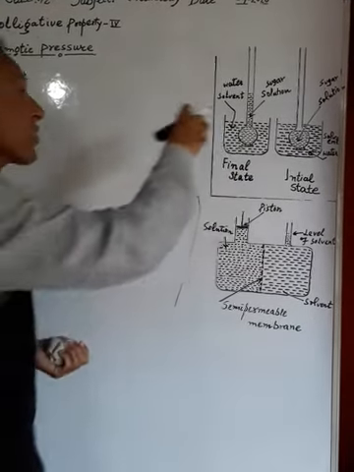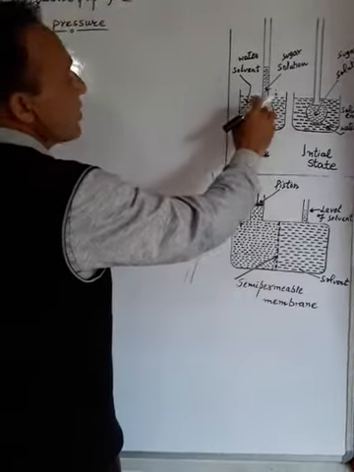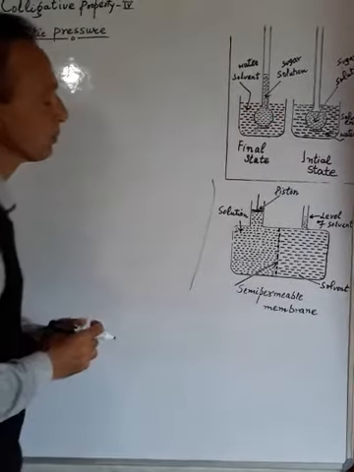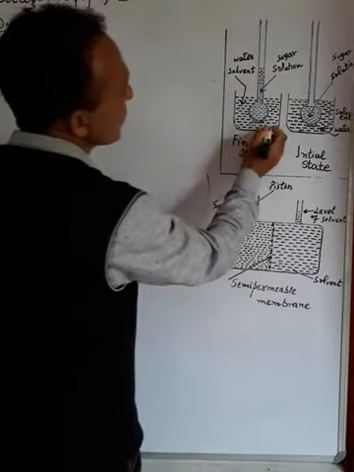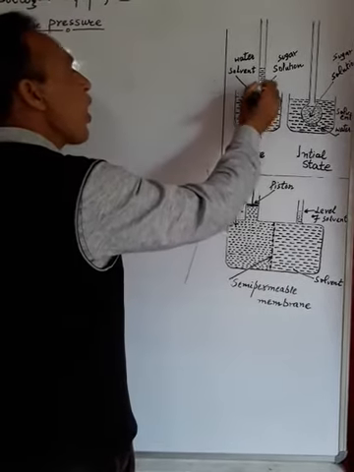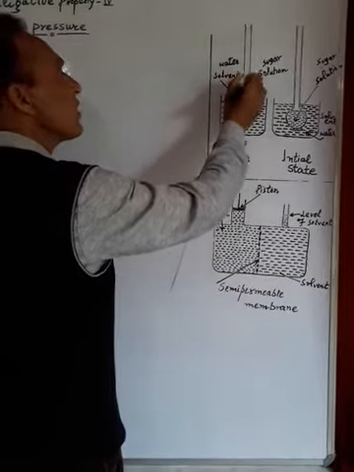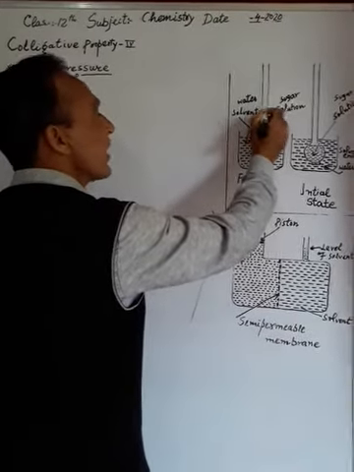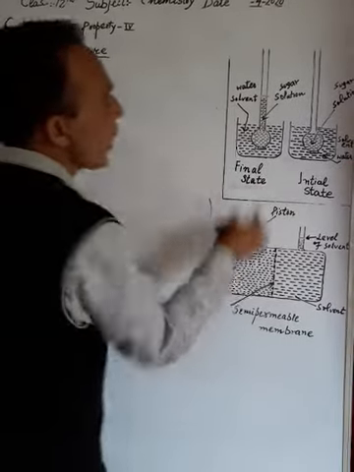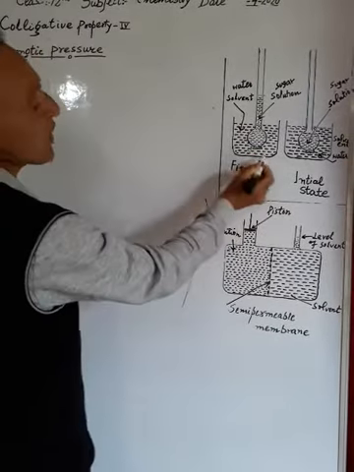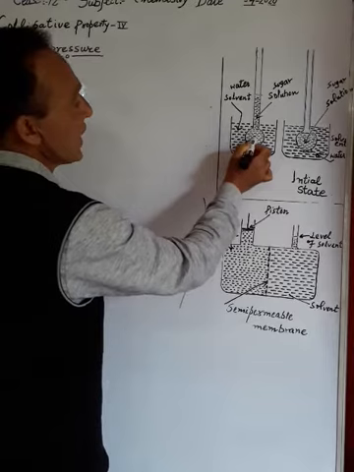The pressure exerted by the solution is exerted on the solution. And ultimately, a stage is reached when the level of the solution in the thistle funnel remains constant. That means the entry of the water molecules into the thistle funnel has stopped.